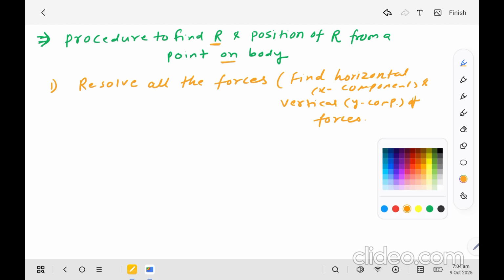Okay, so this is the first task. We will resolve all the forces acting on a body along the x-axis and y-axis.